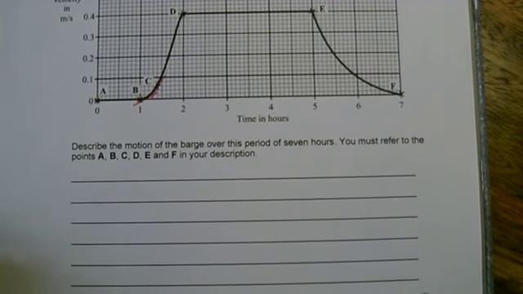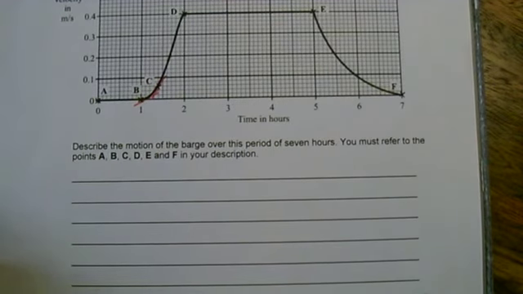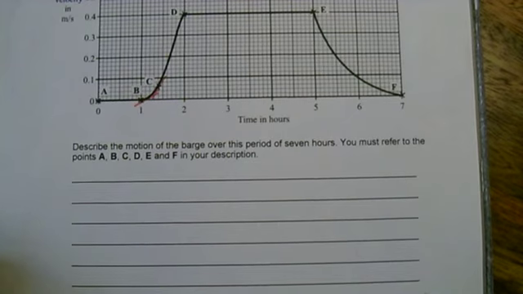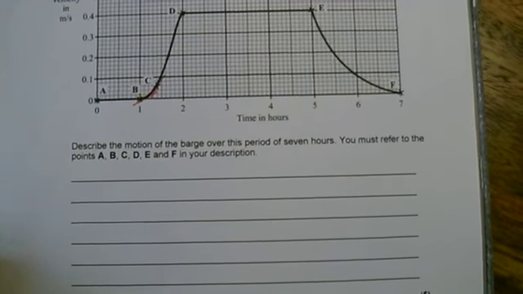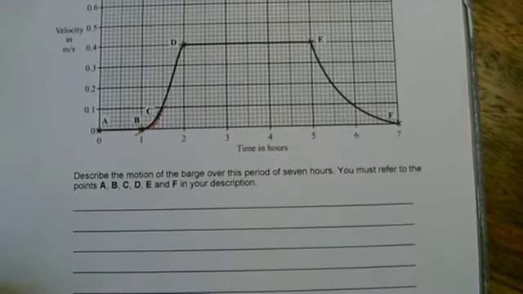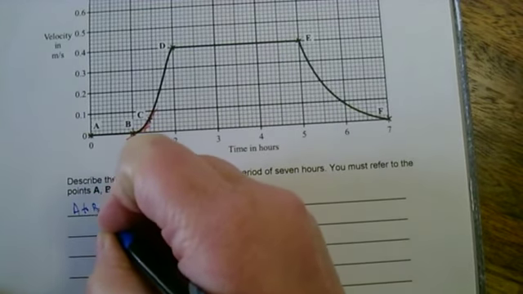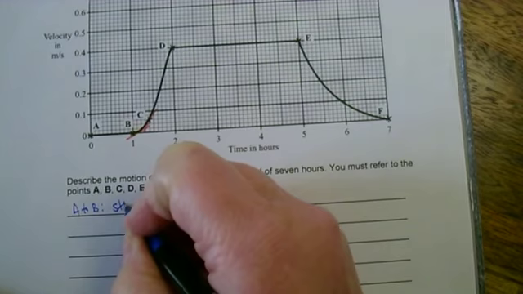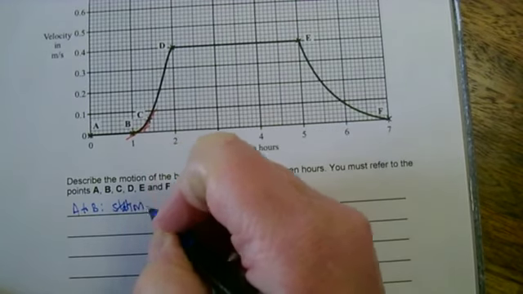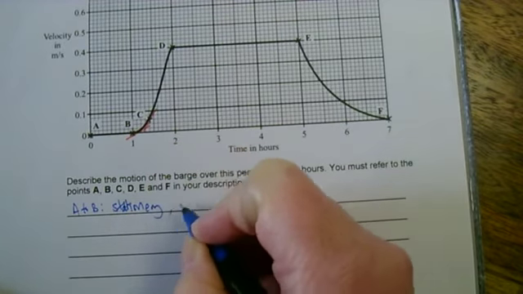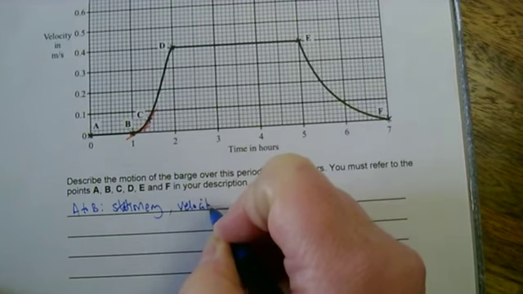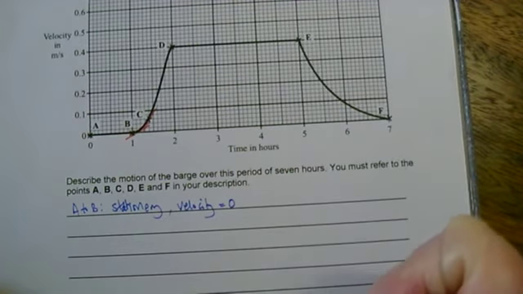You must refer to the points A, B, C, D, E and F in your description. Okay, so let's just take them a section at a time. So, A to B, stationary. Velocity is 0.